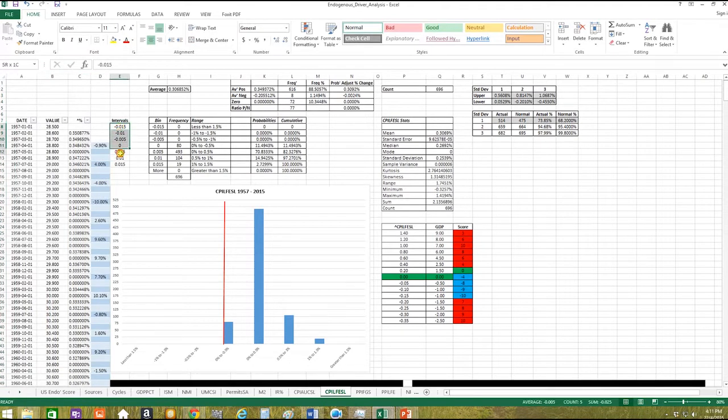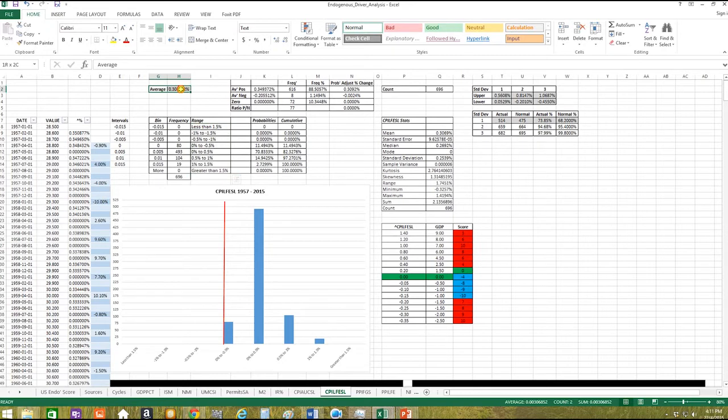We use the same gates for our intervals, and then we have our table over here which includes our frequencies, so our occurrences and the percentage of times that these occurrences happen, with our cumulative distribution, our cumulative percentages, and our labels here for our ranges.